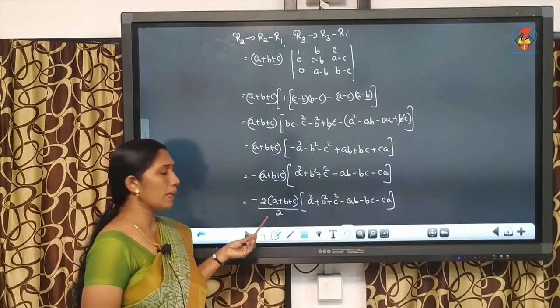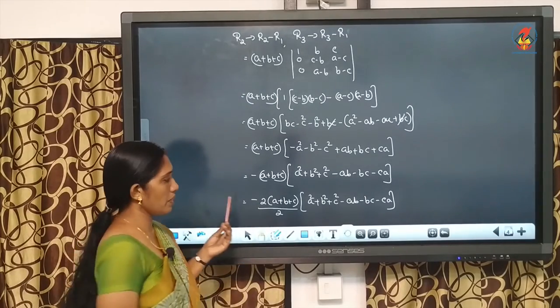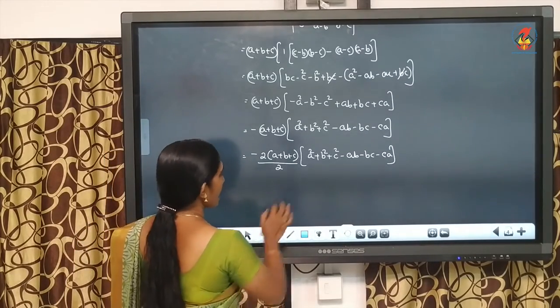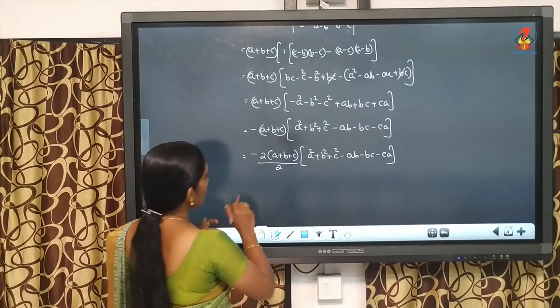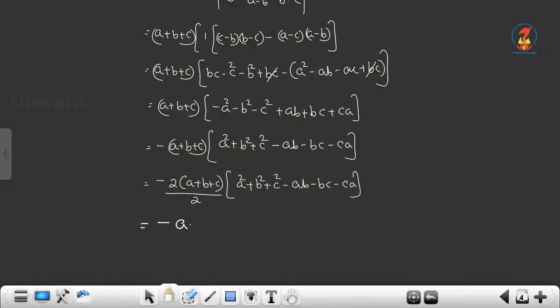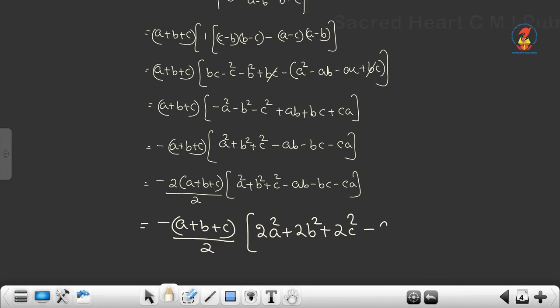That's why we multiply and divide by 2 as in the previous question. Then multiply the second bracket by this number 2. So minus a plus b plus c by 2. Multiply this bracket with this 2. So that is 2a square, 2b square, 2c square minus 2ab minus 2bc minus 2ca.